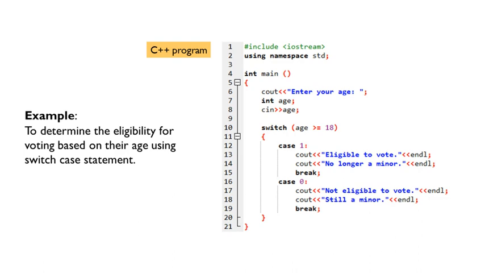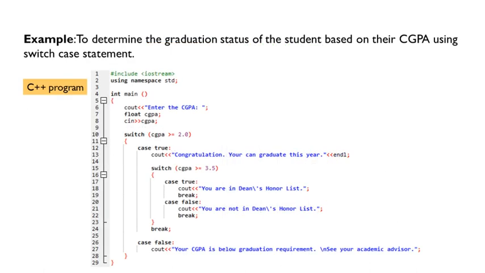So you see in lines 12, 17, 20, and 26, I use true and false instead of 1 or 0. You can also use a nested switch statement to incorporate multi-level selection, such as this example.